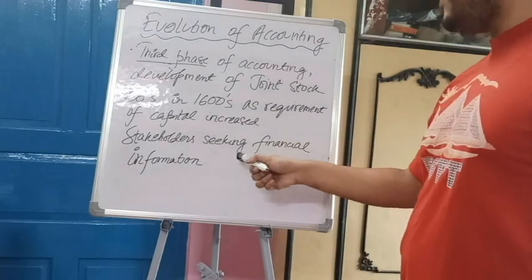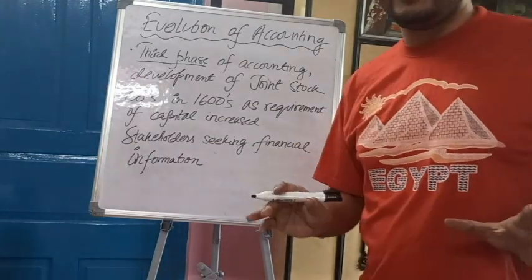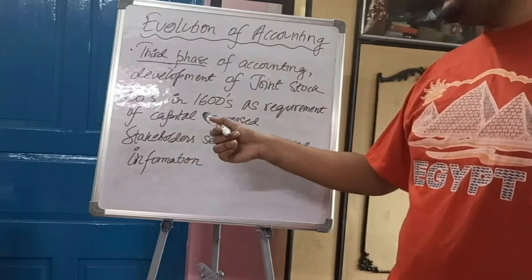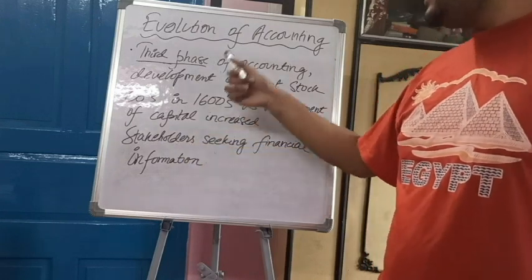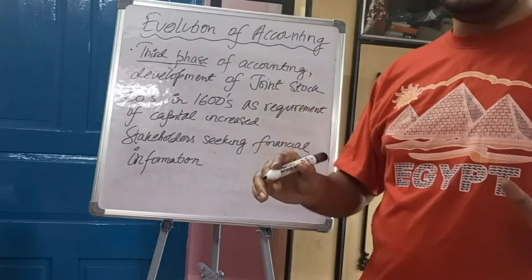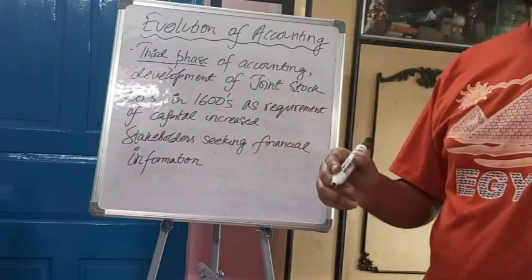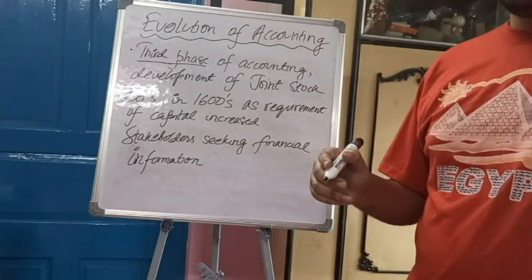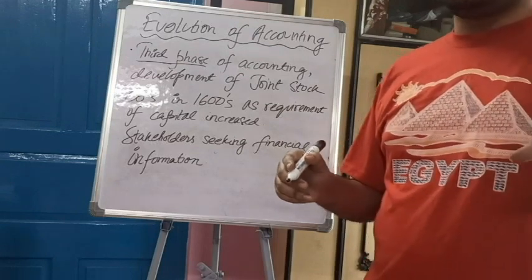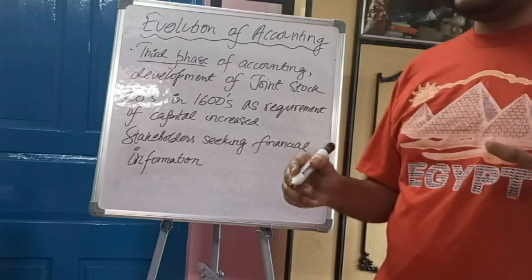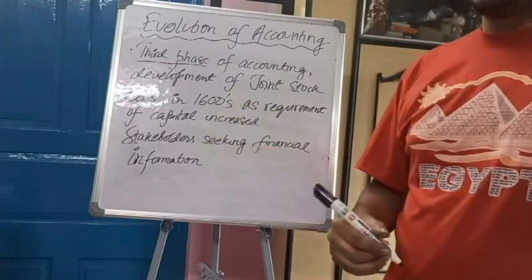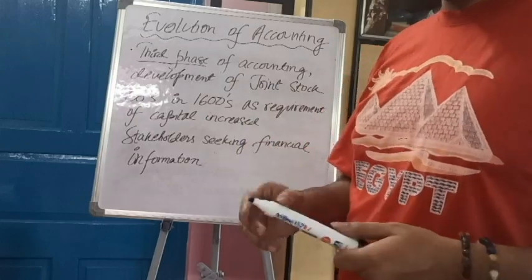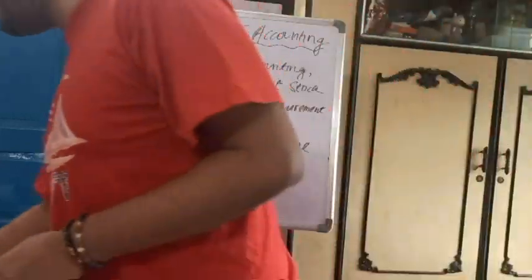They wanted to seek financial information. That means what is the financial position of the business, and hence to provide information to the stakeholders, accounting was primarily done. First was Fra Luca Pacioli, first stage. Second stage was when the owner wanted to see what the manager is doing, and now the stakeholders want to see what the organization is doing. These are the three steps of the evolution of accounting.